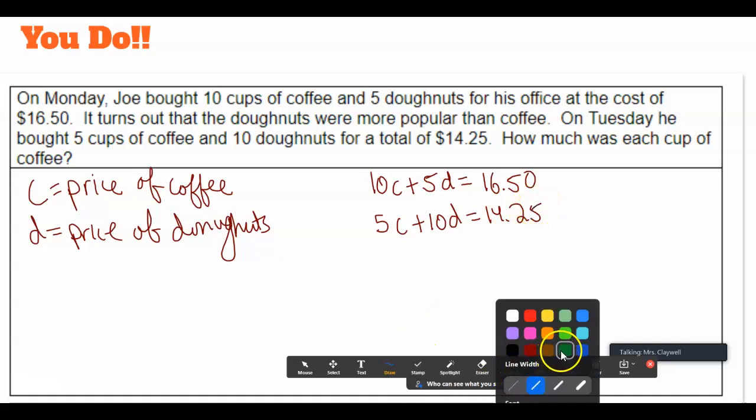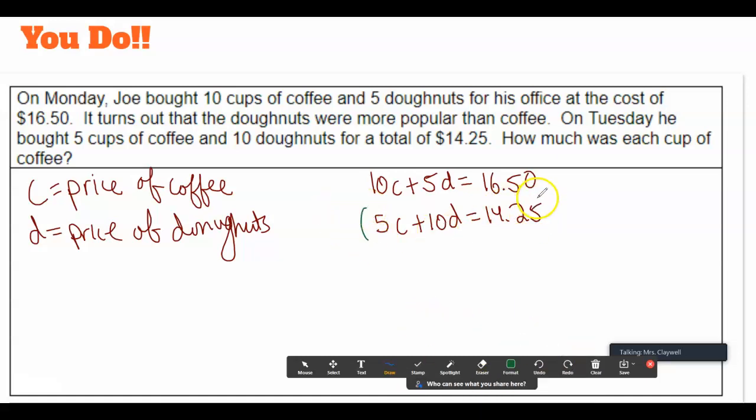I'm going to use elimination. It doesn't matter which one you multiply. I'm going to multiply this one by -2. I'm going to choose to get rid of my D, and I'm going to keep this one the same.